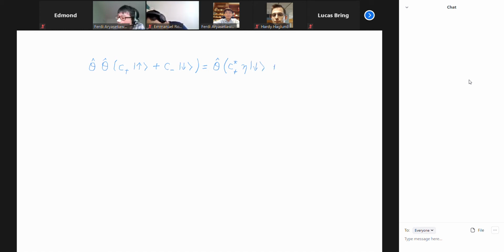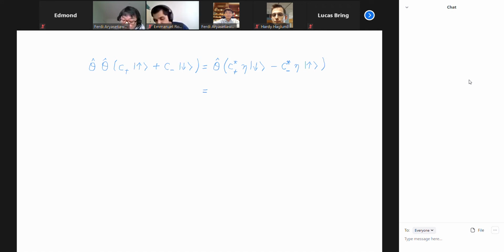For the other term, spin down turns into spin up with a negative sign, and the complex number C minus becomes C minus complex conjugate. And then we also have eta, like this.